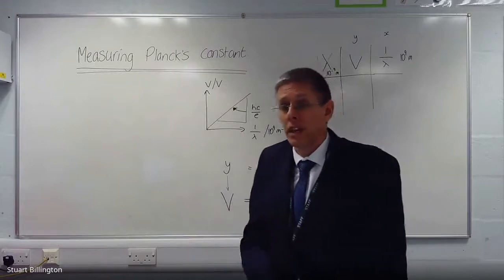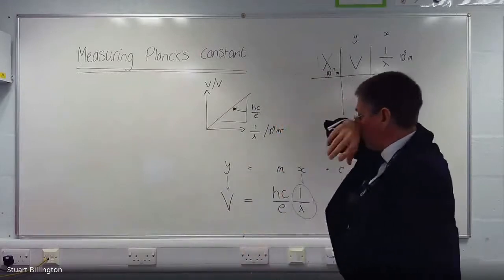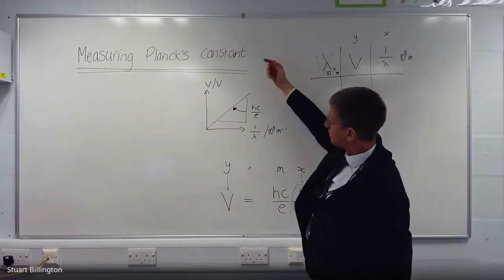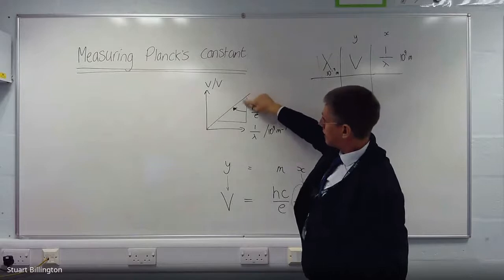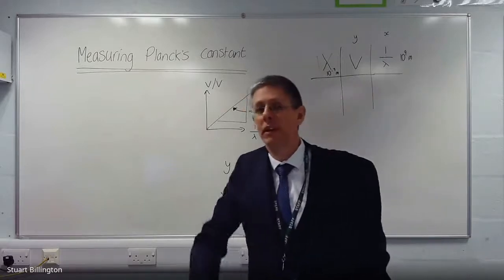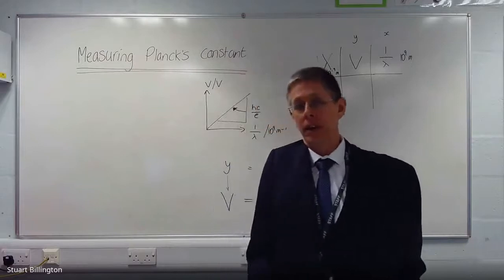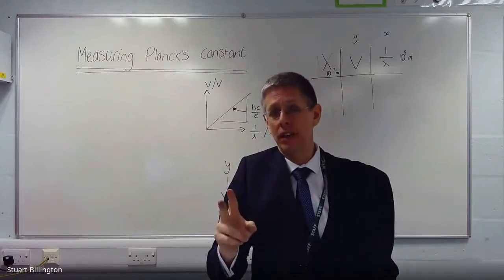The second thing that I want you to be careful about is, we are expecting the straight line and we are expecting it to pass through zero. That's two different expectations.